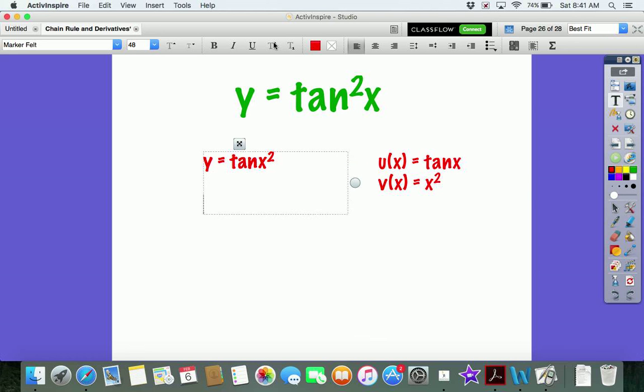So we take the derivative of the outside, which is 1 over cosine squared x, but instead of putting an x, we put x squared because that is our inside function. Then we multiply that whole thing by the derivative of the inside, which is 2x.